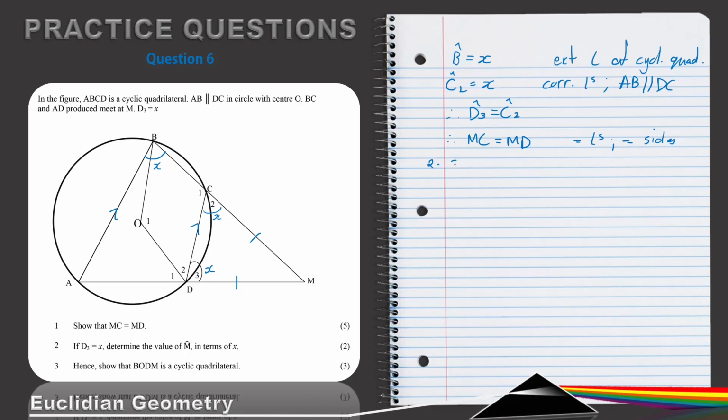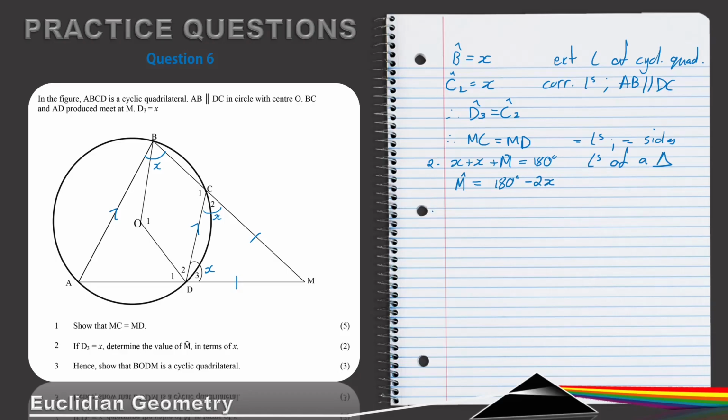So I'm just going to say that x plus x plus the angle M adds up to 180, angles of a triangle, and then just solve for M. So this is going to be 180 degrees minus 2x, and that's done.